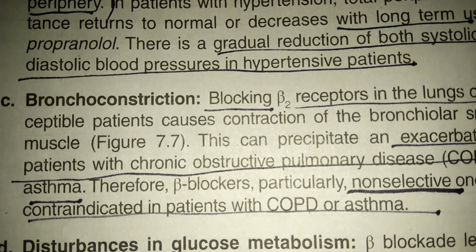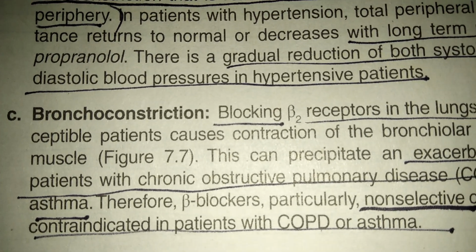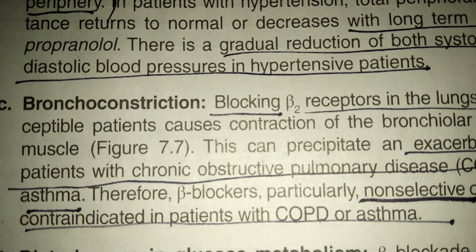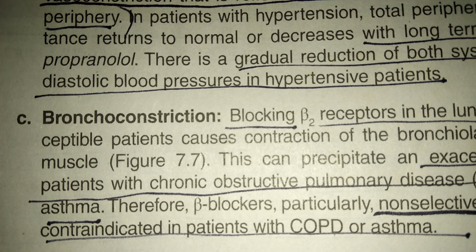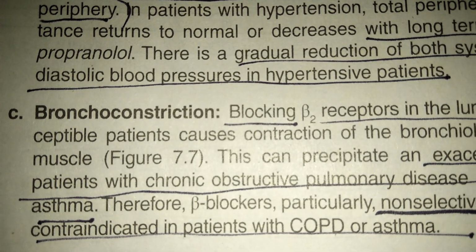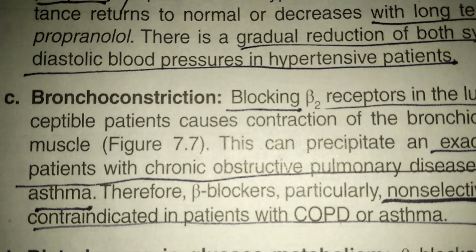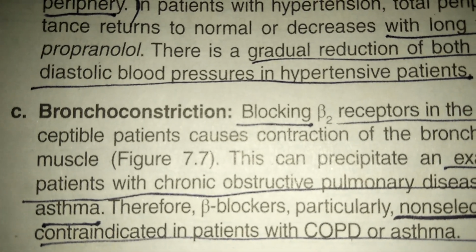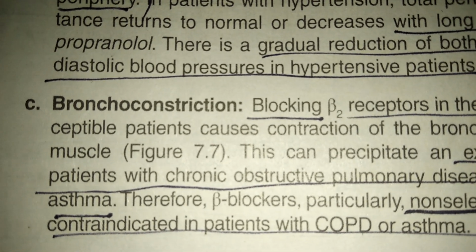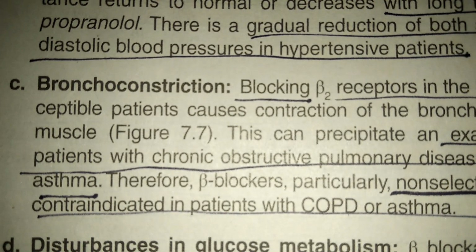Beta 2 receptors in bronchi are responsible for the bronchodilation. If you give non-selective beta blocking agents, they are going to block beta 2 receptors in the respiratory tract and can cause bronchoconstriction. So these drugs, non-selective beta blocking agents, should be avoided in patients with asthma or chronic obstructive pulmonary disease, COPD.